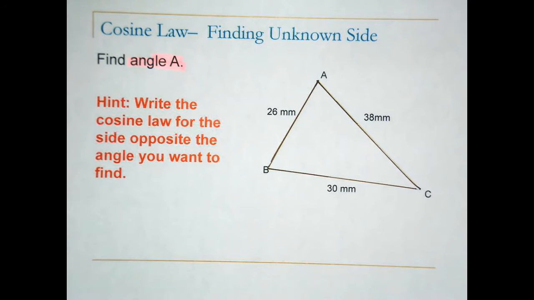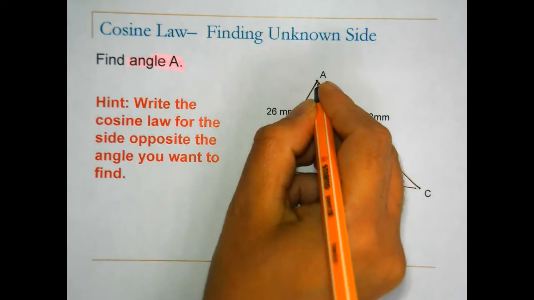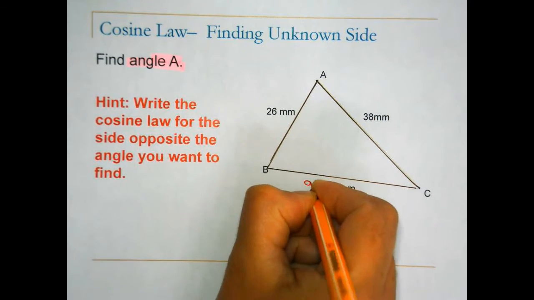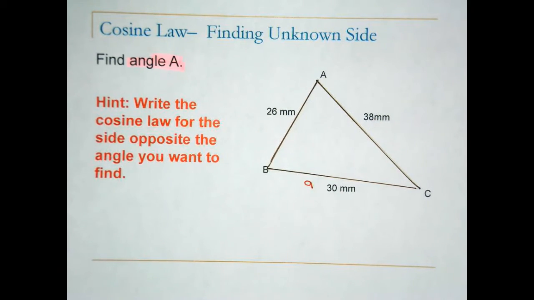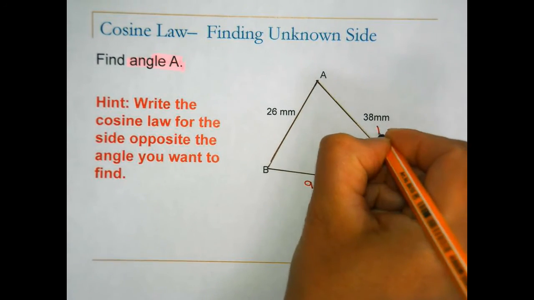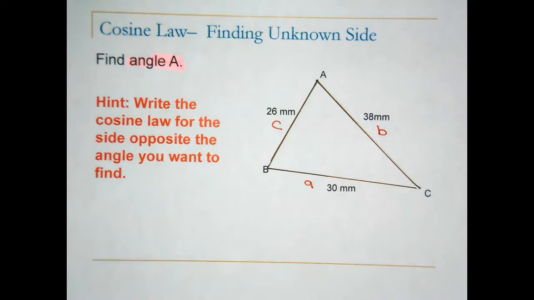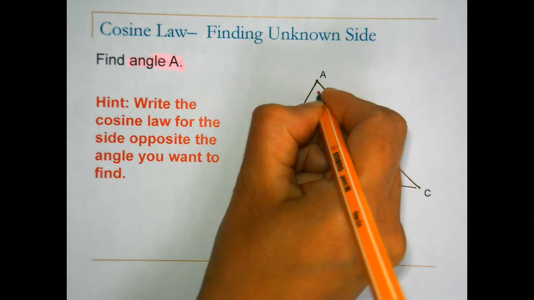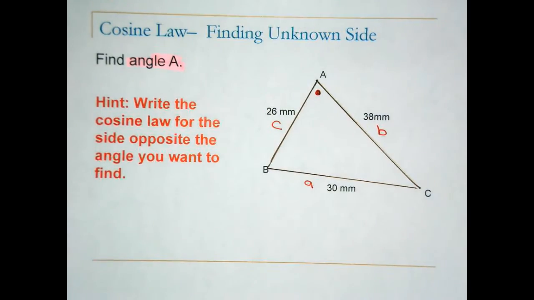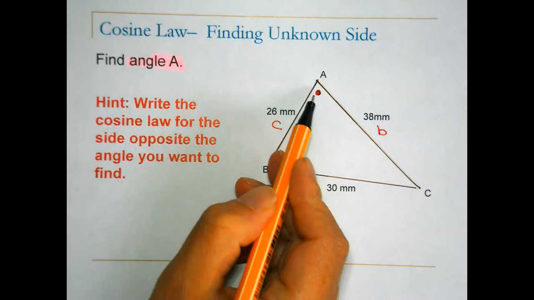So I start by labeling. This is angle A, so this is going to be side a. Angle B, so side b, and angle C, side c. Now I want to find angle A, so I am going to write the cosine law for side a.